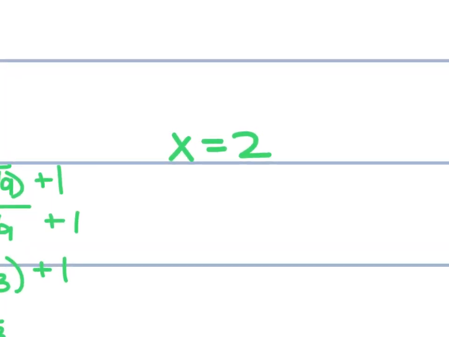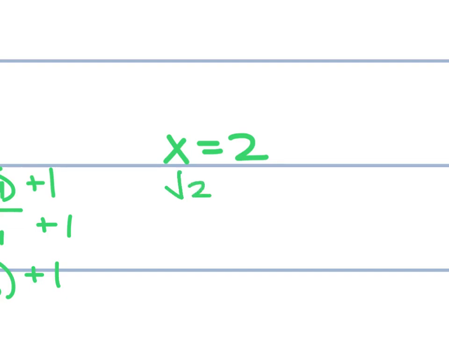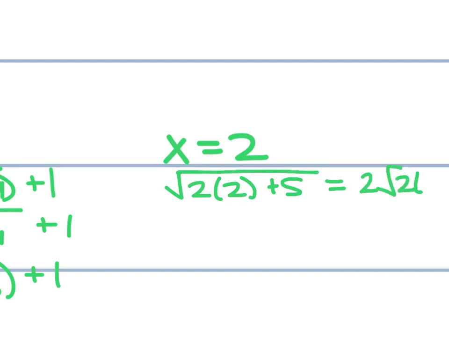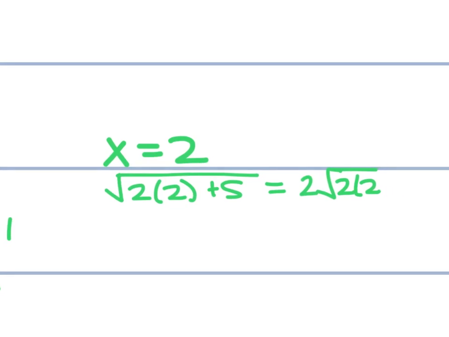Try the 2 as well. We're going to have the square root of 2 times 2 plus 5 is equal to 2 times the square root of 2 times 2 plus 1. So 2 times 2 is 4, plus 5 is going to give us 9.